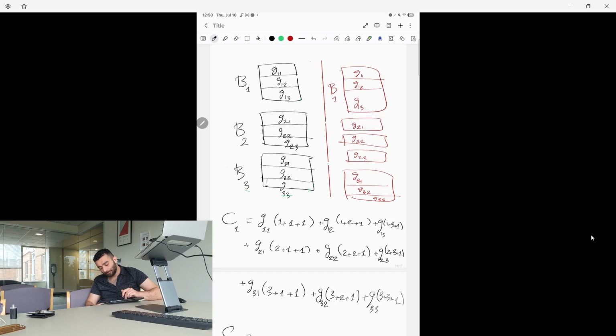For the back K, we will have GK1, K minus 1 plus 1, because it doesn't have the layer effect, exactly, plus GK NK, K minus 1 plus NK. That's it.